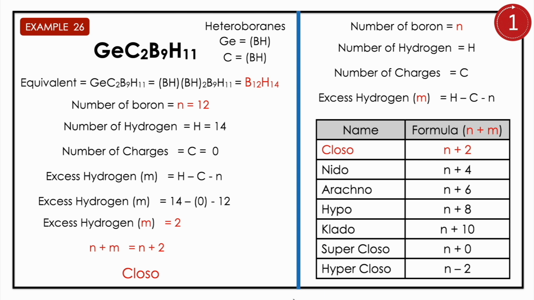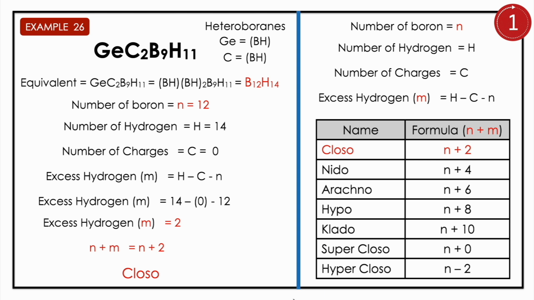The compound becomes a simple borane. So we will find the excess of hydrogen. First step will be the number of boron, which is N, that equals 12. Then the number of hydrogen, which is 14. So H equals 14. There are no charges. So C is 0.